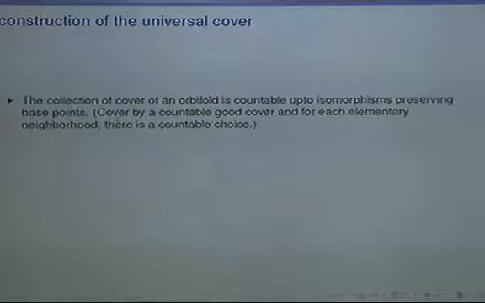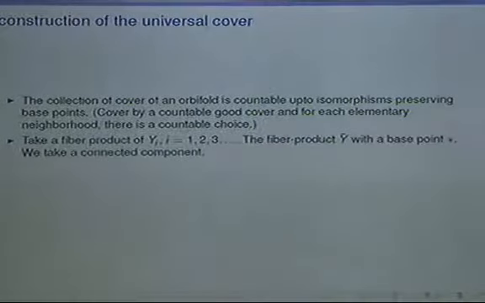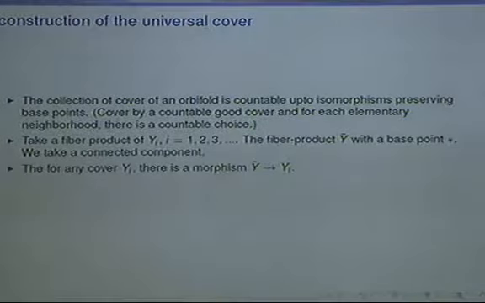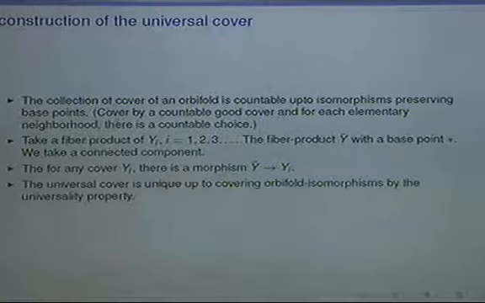So basically, to construct the universal cover, you realize that all the coverings are going to be countably many, and you can do fiber products of all of them with some base point. Then the uniqueness is proved by these category-theory arguments, and it's not very hard.